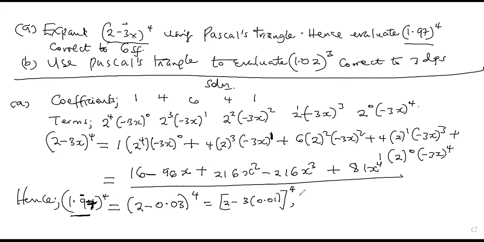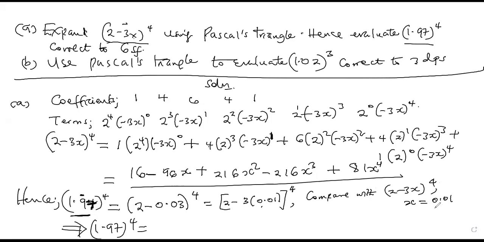So if we compare with (2 minus 3x) to the power 4, you're going to realize that the value of x is equal to 0.01. So if x is equal to 0.01, we've gotten the value of x as 0.01, substitute it within the expansion.